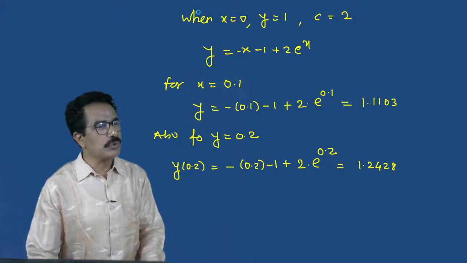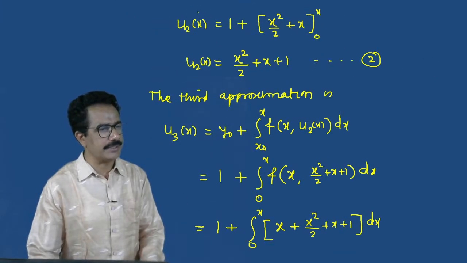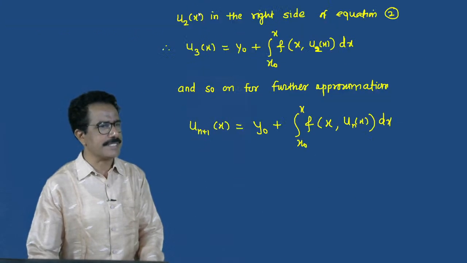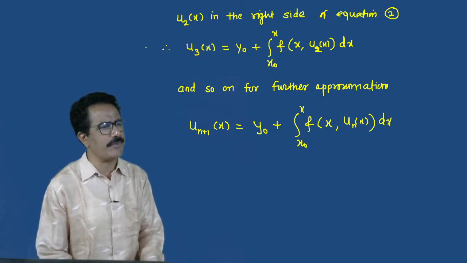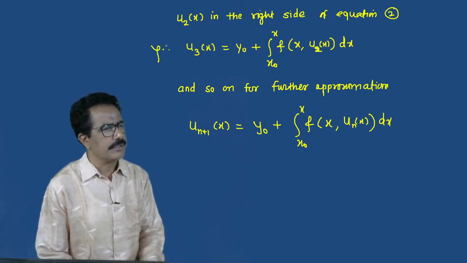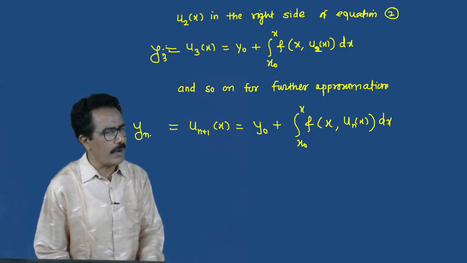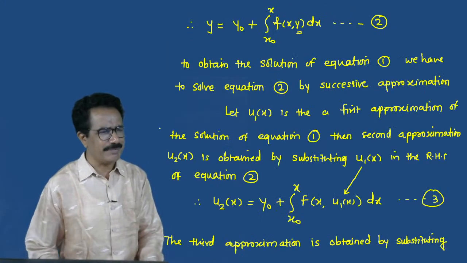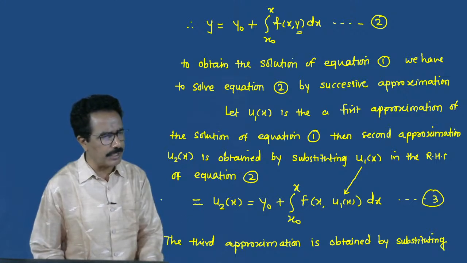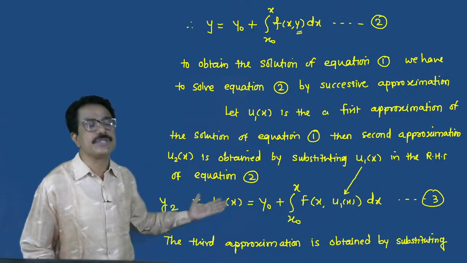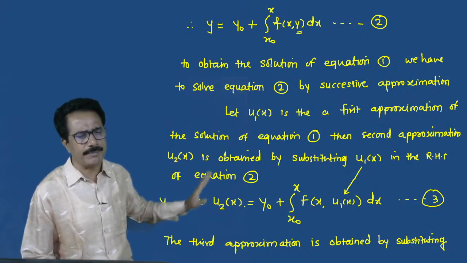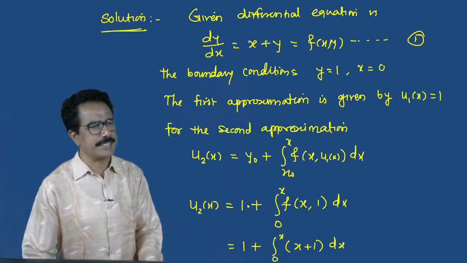This is the first approximation. u2 of x we can also denote. In Picard's method, y3 can also be written as yn plus 1, and y2 we can also write as u2 of x. There is no problem. Okay, so we can write this.